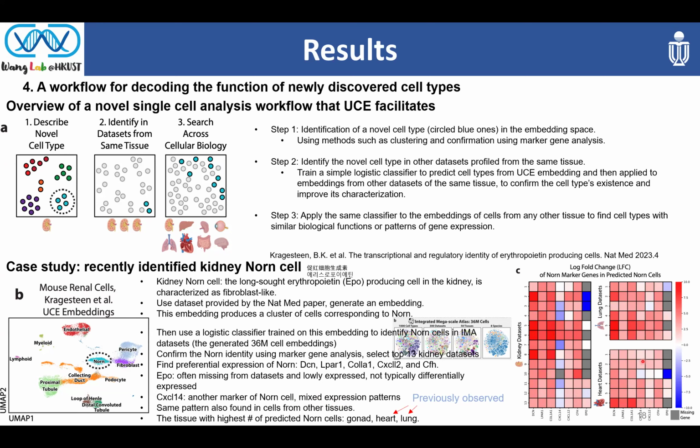For heart and lung, the neuron-like cells were previously observed, but till now there is no paper that reports neuron cells in gonad. So they claim that maybe some people can work on this part to find these neuron cells in the gonad tissue.